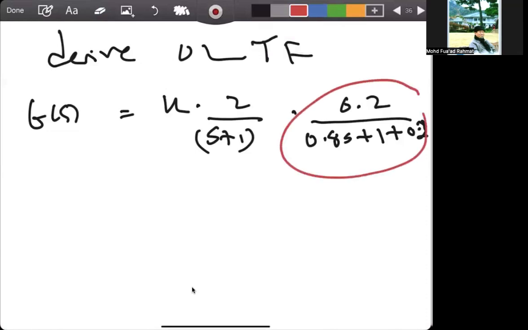So this is the inner loop simplified. Okay.